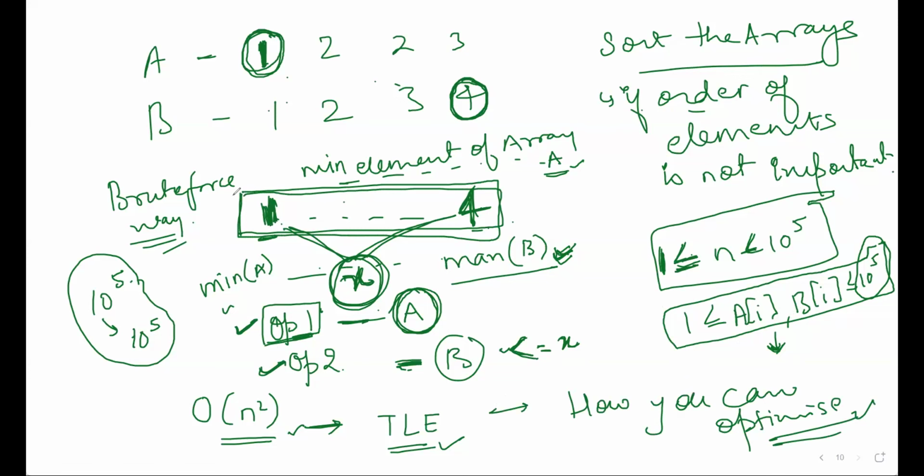So that one thing is fixed. Now, can you optimize this part? How are you finding the minimum number of operations for array A and for array B, which is required to make sure the minimum element in A is x and the maximum element in B is x?